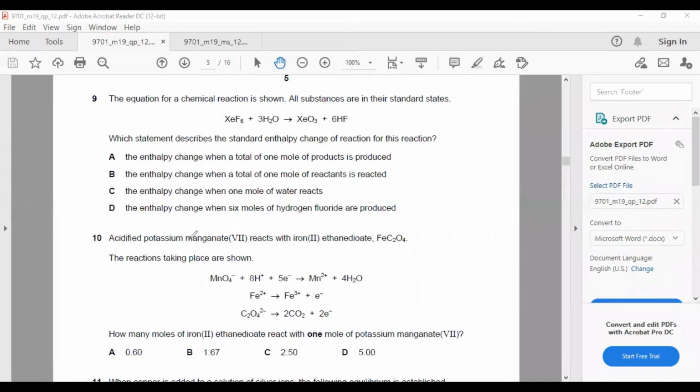So first you do question 10, then I will explain. There are 2 things being oxidized, one is being reduced. So do it and send me. So how will you get the answer B? I will tell you, but you have to do it. I will explain in the last.